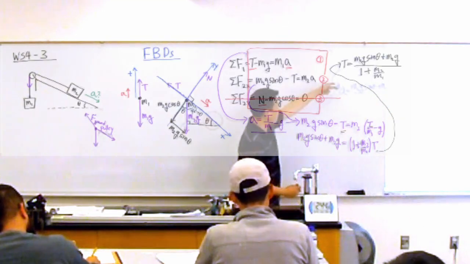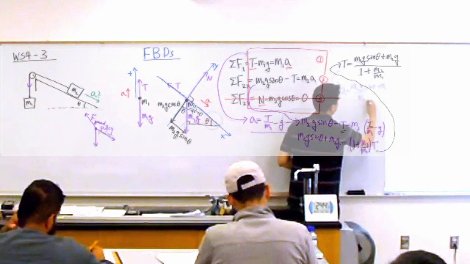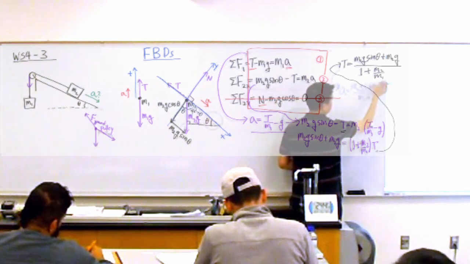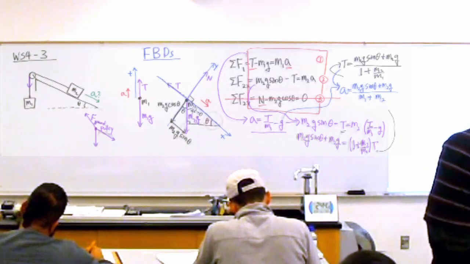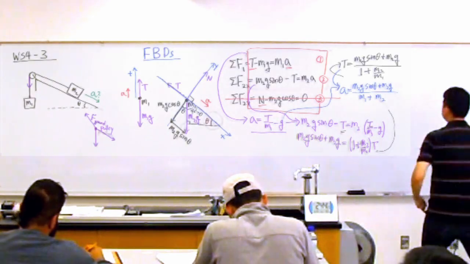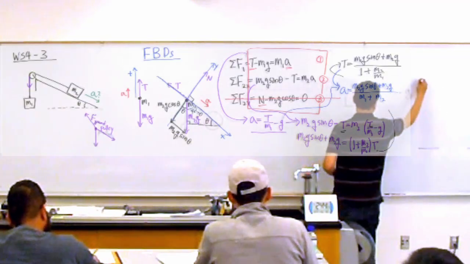I'm multiplying by 1 over m1, so this 1 is going to turn into m1 plus m2, which cancels. I'm not done, I have to subtract g. Minus g. All right, that's my acceleration.